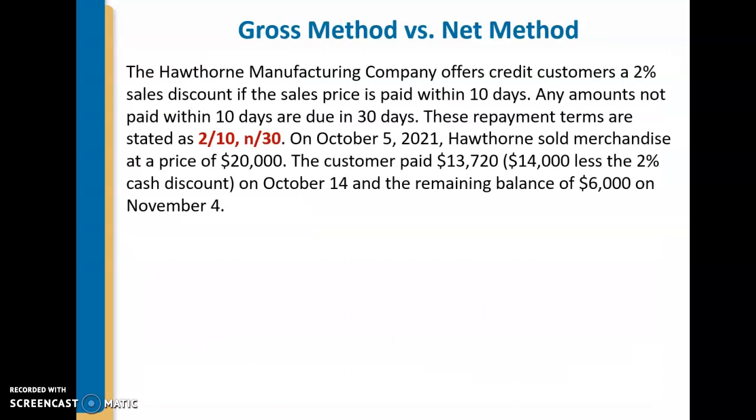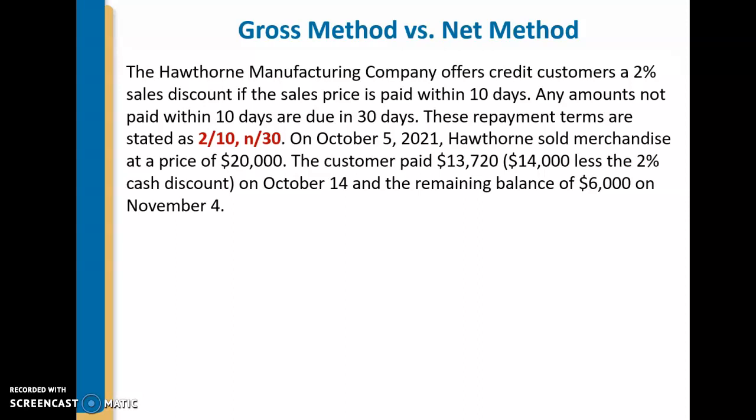And here's an example. The Hawthorne Manufacturing Company offers credit customers a 2% sales discount if the sales price is paid within 10 days. Any amounts not paid within 10 days are due in 30 days. These repayment terms are stated as 2/10 net 30. On October 5th, Hawthorne sold merchandise at a price of $20,000.